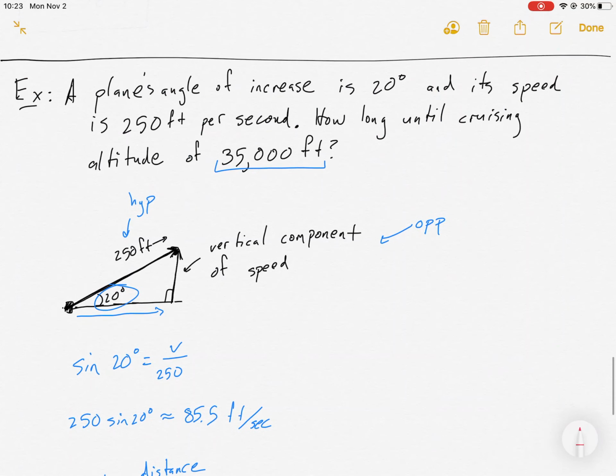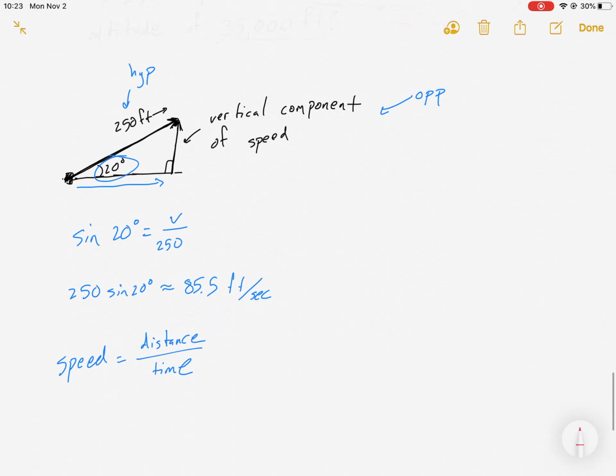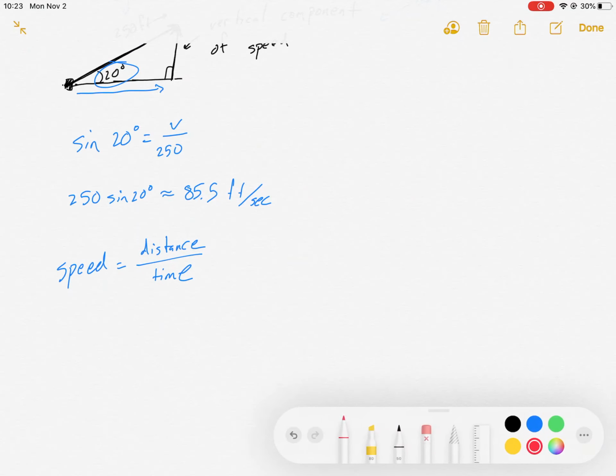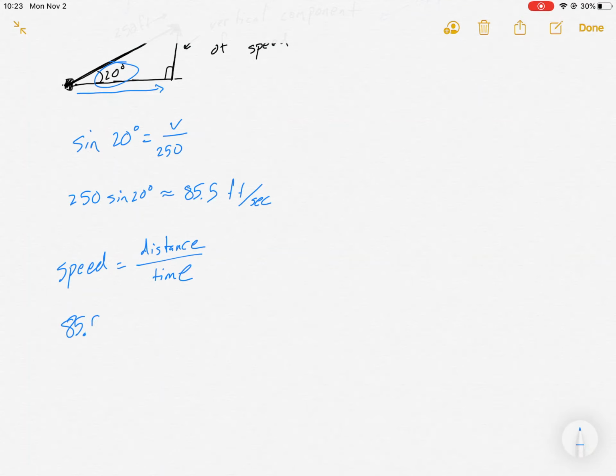In this problem, I'm concerned with time because I say how long until. I have my speed is 85.5 feet per second. I have my distance that I want to reach is about 35,000 feet, and then I have my time down here.